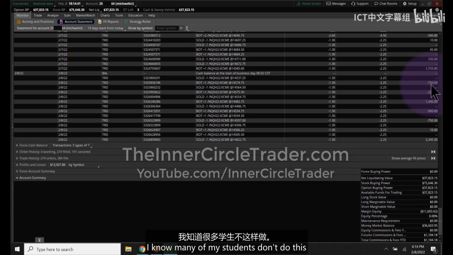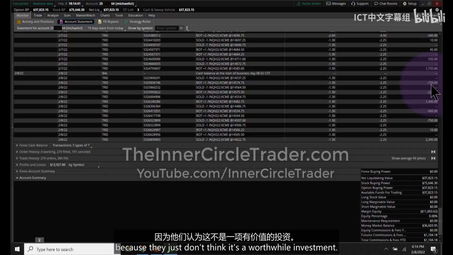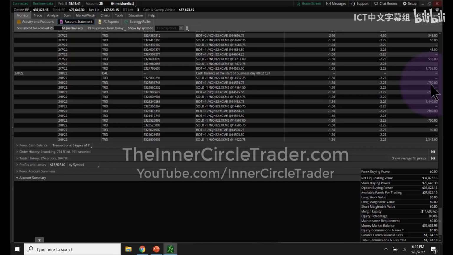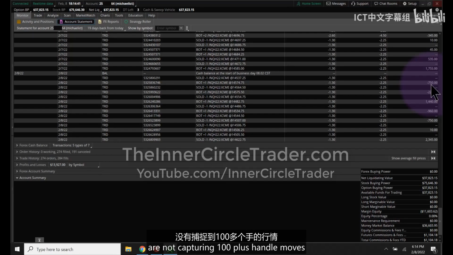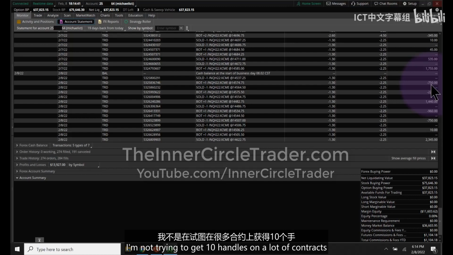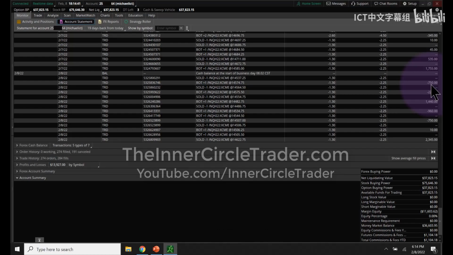I know many of my students don't do this because they just don't think it's a worthwhile investment. But those same traders under my tutelage are not capturing 100-plus handle moves in these indices either. So it's a trade-off. What is it you're trying to do? What are you trying to accomplish? I'm not trying to get 10 handles on a lot of contracts and scalp. I know what I'm looking for.